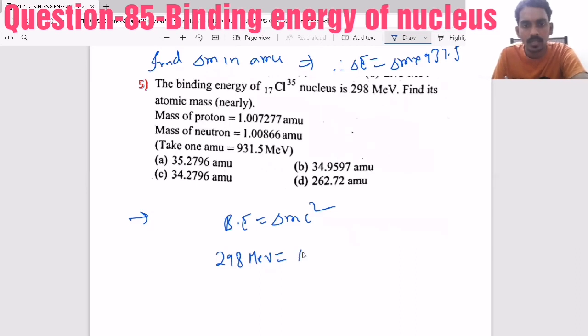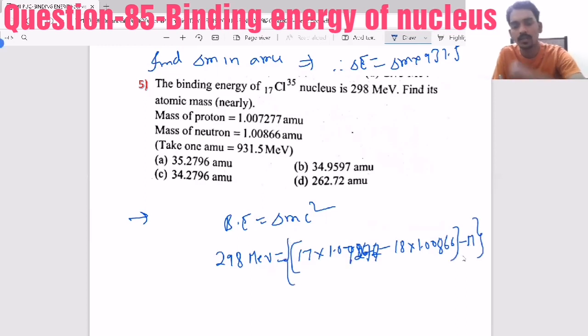So, how much it will become? 17 into 1.00727 minus, 35 minus 17 means 18 times 1.00866. Sorry, this is proton, no? So 7277 will come here. Here it will come 866. This is number of protons minus capital M. So this you will get in terms of AMU. Now 1 AMU means this much answer. So how much AMU will become?